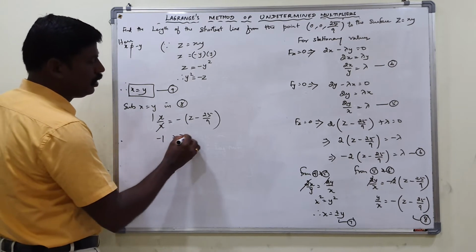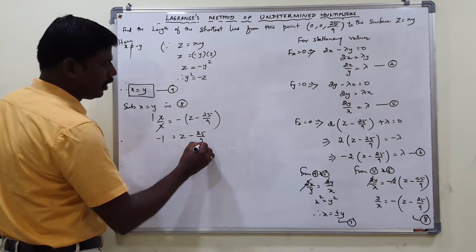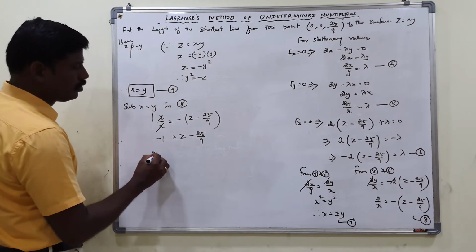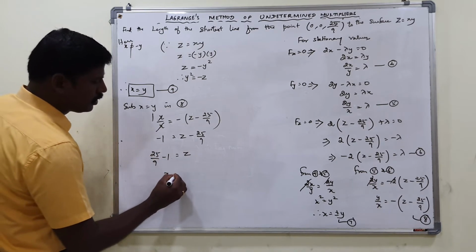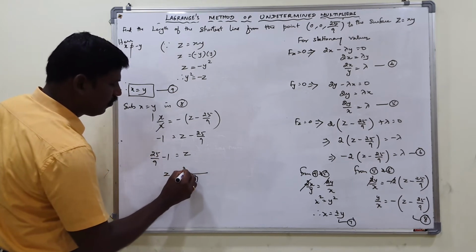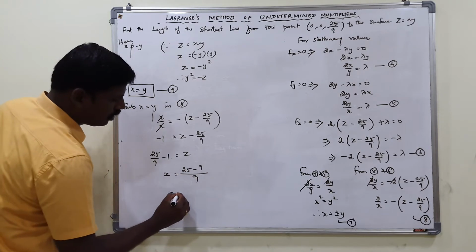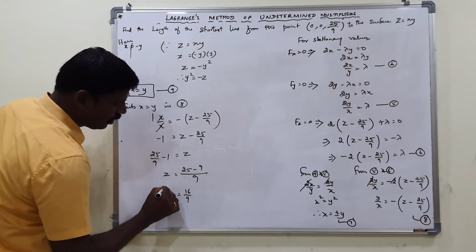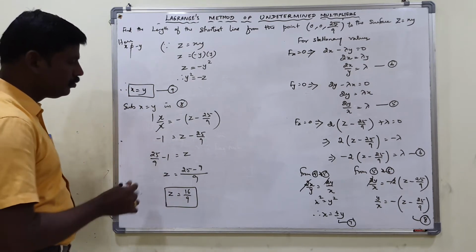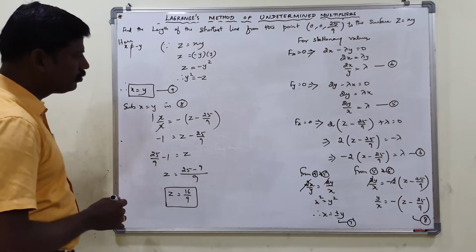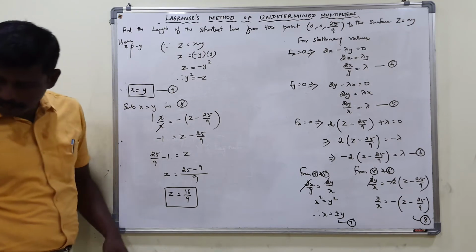Minus 1 equal to z minus 25 by 9. Take this into left hand side. So 25 by 9 minus 1 equal to z. So what is z? Take 9 as LCM, 25 minus 9. So z is equal to what? 16 by 9. Okay. So z is 16 by 9.